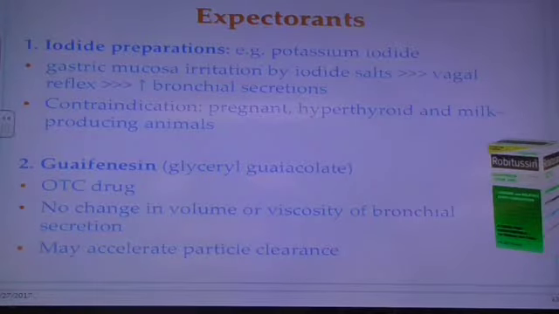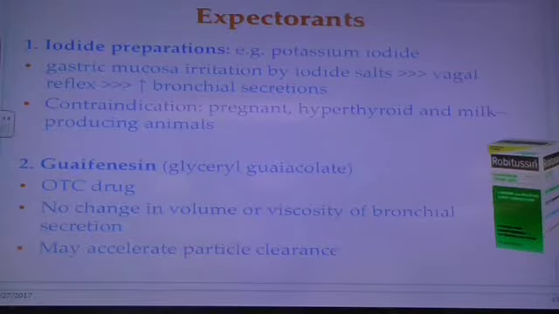I will mention just two types of this substance: the iodide preparation and guaifenesin. Iodide preparation is an ancient drug used to irritate the upper GI tract, and once it irritates the goblet cell, it secretes more liquid into the upper respiratory tract.